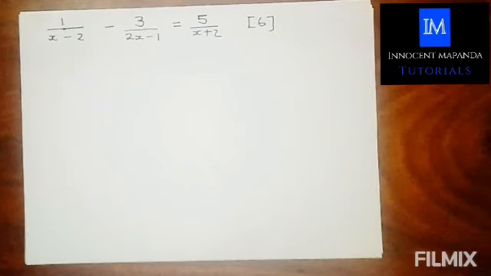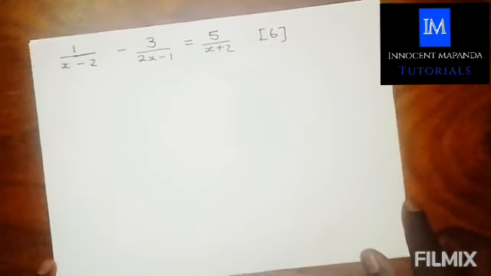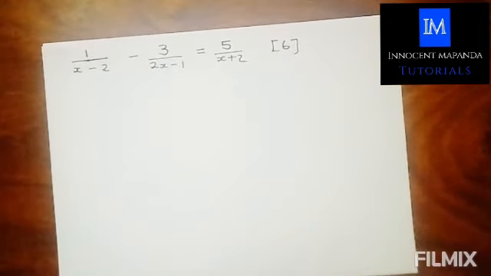So the first thing to do when attacking such an equation is to identify the lowest common multiple, or what you call the LCM, of the denominators. The LCM in this situation is found using the product of the three given denominators.